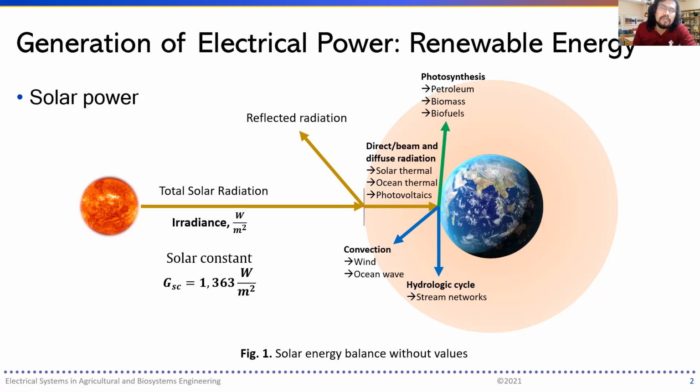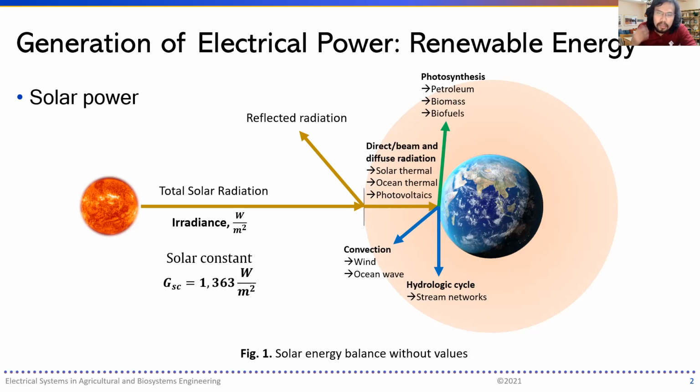About the ocean wave, this is a rather new technology, although there's been development since the 1950s, and there is continuous development of this in Great Britain or United Kingdom. So the heating up of the atmosphere results in the wind and the waves.